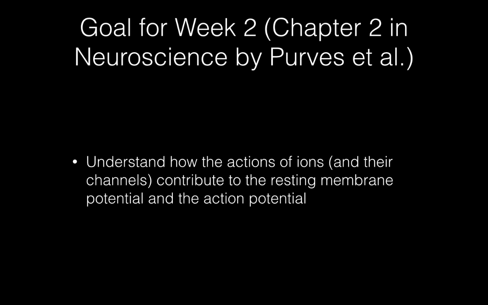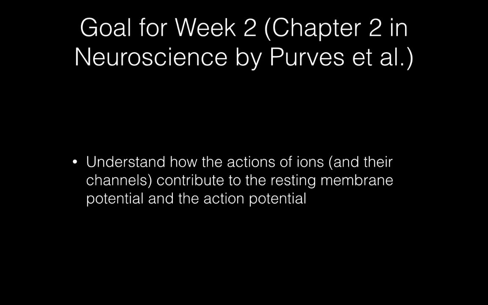I know that was probably a lot, but I really want to highlight the fact that neurons have voltage, the reasons for why they have voltage, and explain some of the major mechanisms for the action potential that's seen in stimulated neurons. That is the first major goal for week 2, related to chapter 2 in neuroscience by Purves et al.